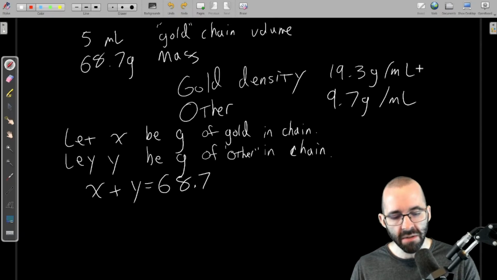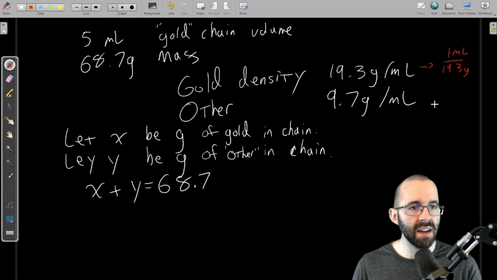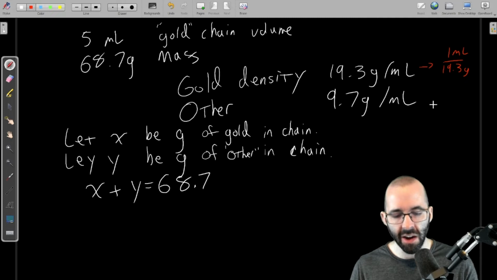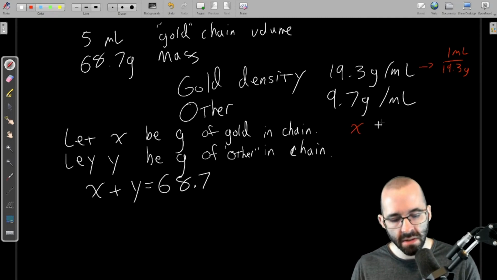So likewise, we could flip this and say that 1 milliliter of gold is 19.3 grams of gold. Right? That would work too. And then notice, what is X times this number? X grams of gold times that, the grams will cancel, and we'll get milliliters. So that'll work for that second one, right? If we have X grams of gold, and we know that 1 milliliter of gold is 19.3 grams of gold, the grams are going to cancel, and we'll have X milliliters.